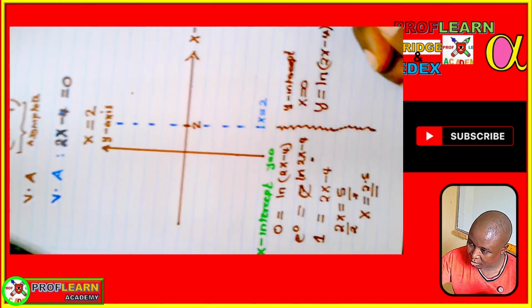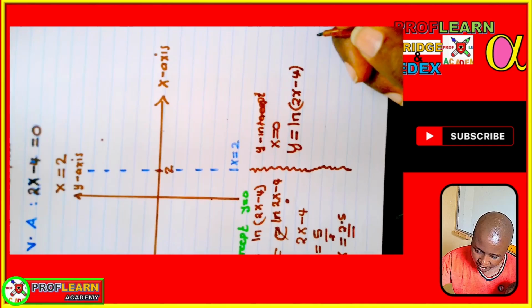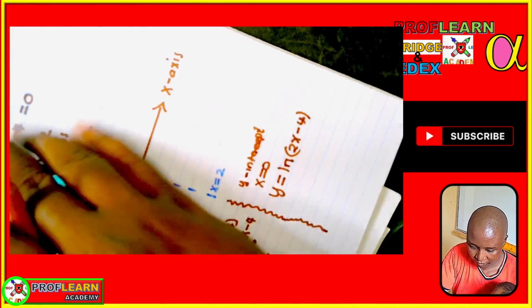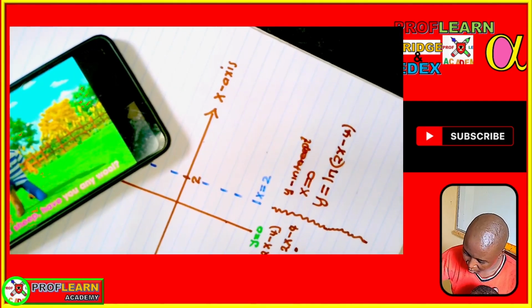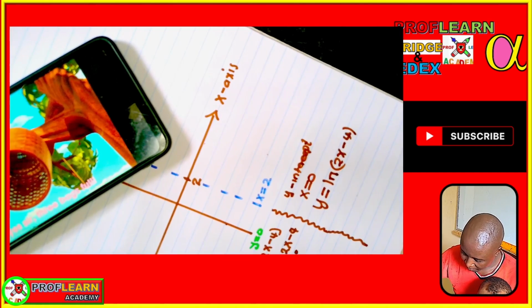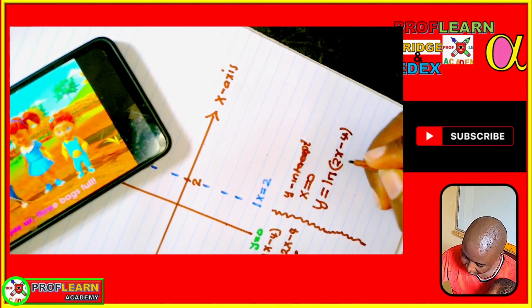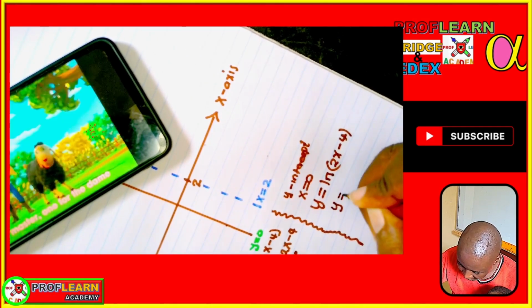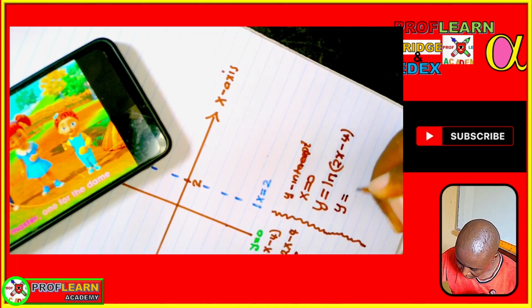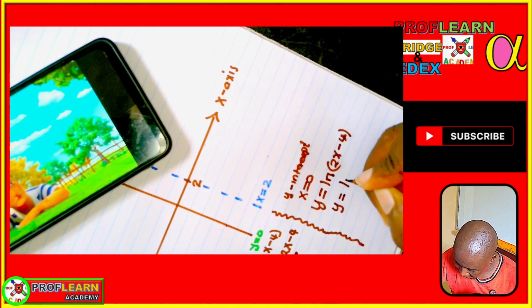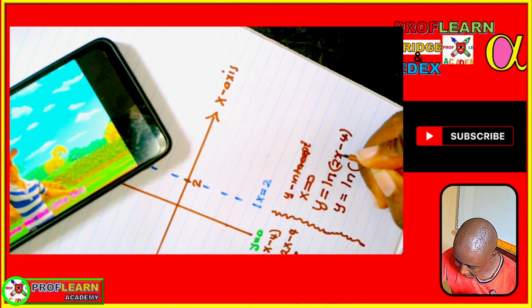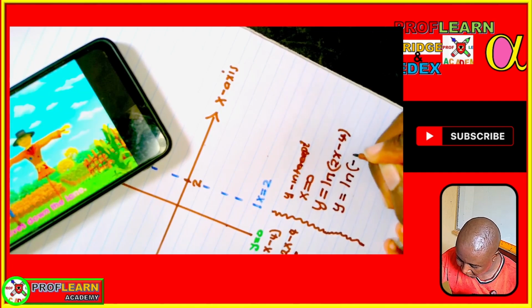Substituting x equals 0, we get y equal to ln of 2 times 0 minus 4, which is ln of minus 4.